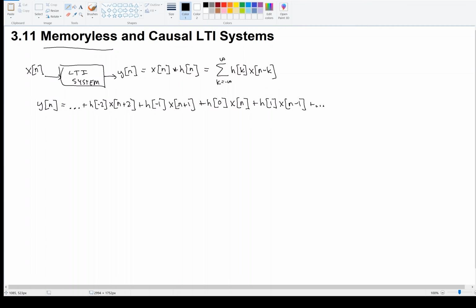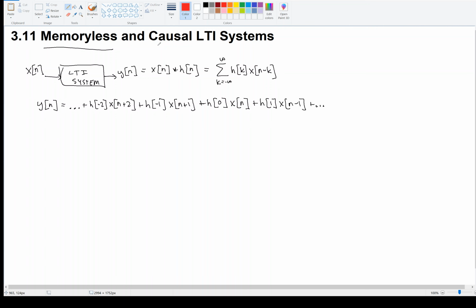So it cannot depend on x of n plus 1, for example. It cannot depend on x of n plus 2 or x of n plus 3. It can depend on x of n, the current time stamp, and the previous time samples, right? n minus 1, n minus 2, and so on.